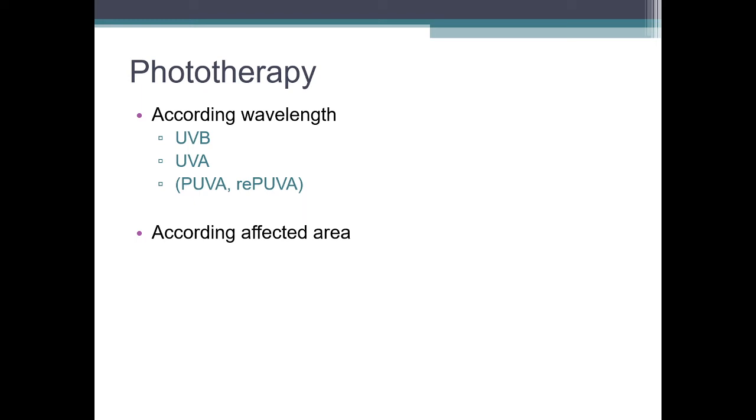Another division of phototherapy is according to the affected area, because we have some cabins where we irradiate the whole body. But if you want to focus just, for example, on the soles or palms, there are devices just for local irradiation.